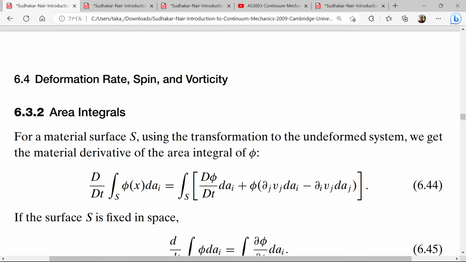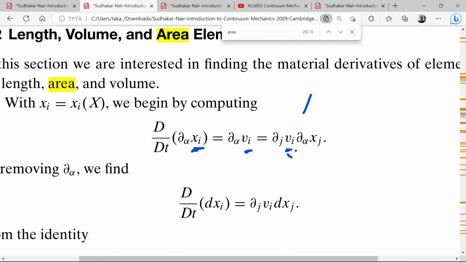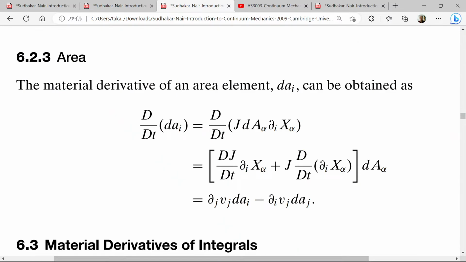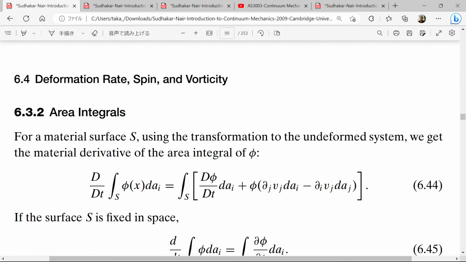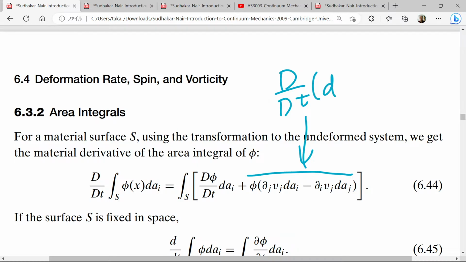See this part. This part is more like d/dt of dA_i. So this part is d/dt of dA_i. I mean this one.